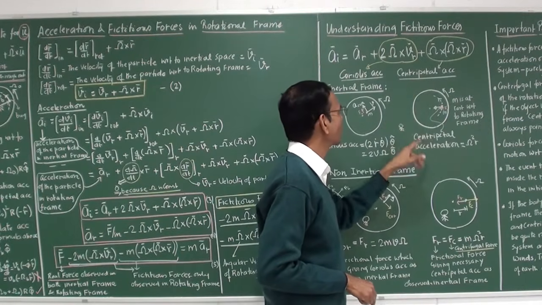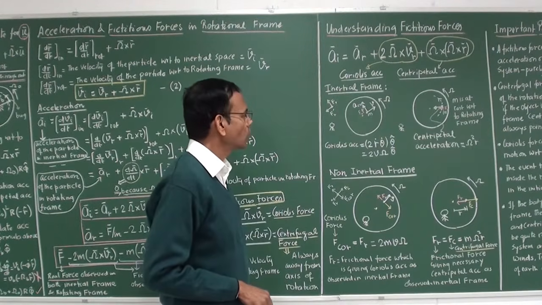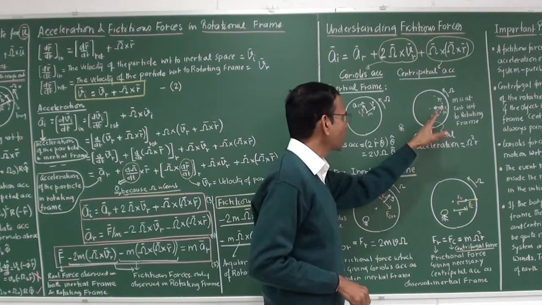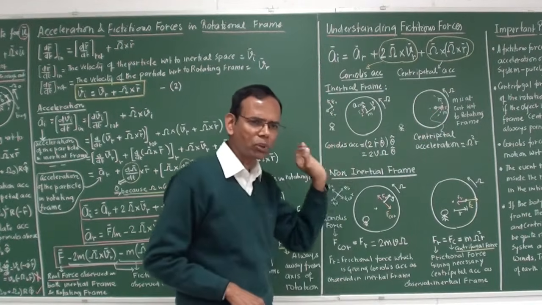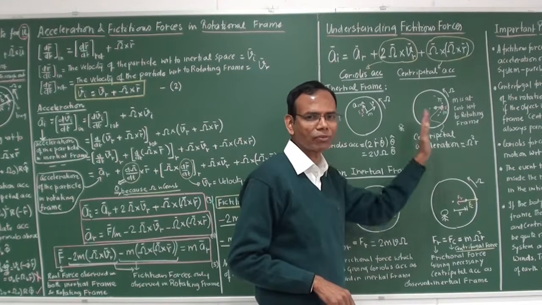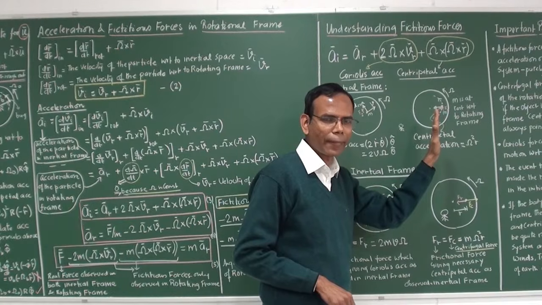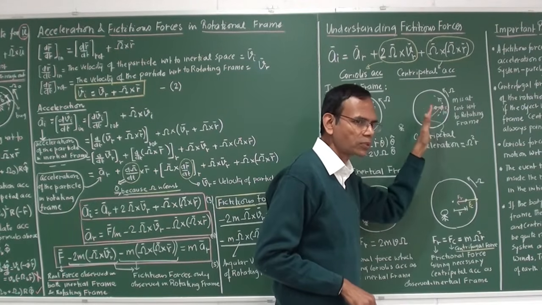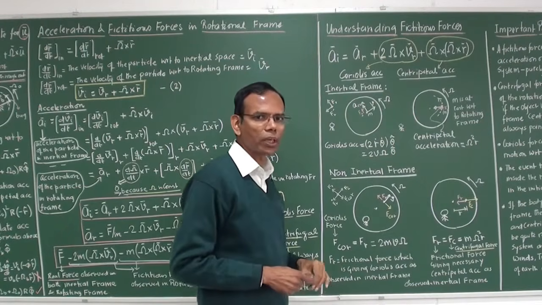So that is what we get as a centrifugal acceleration. So this particular acceleration is arising purely because of the rotation of the frame. If the frame stops, this acceleration stops. The force is there, there is a real force also, but it is arising purely because of the rotation of the frame.